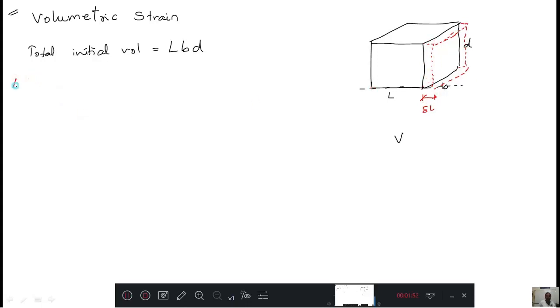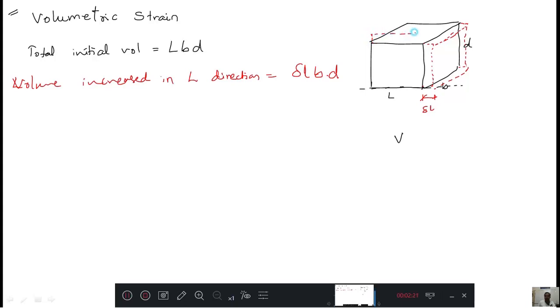Therefore the volume increased in L direction is delta L into B into D. Like that, it will increase in D direction.